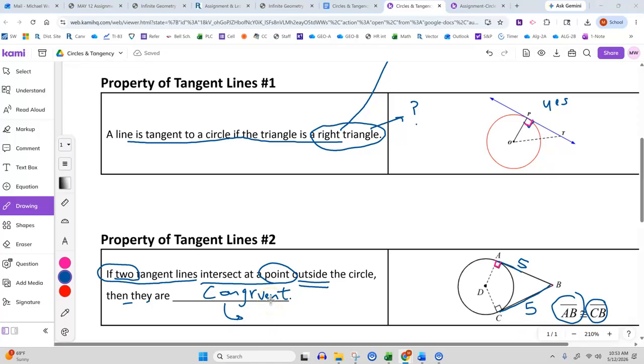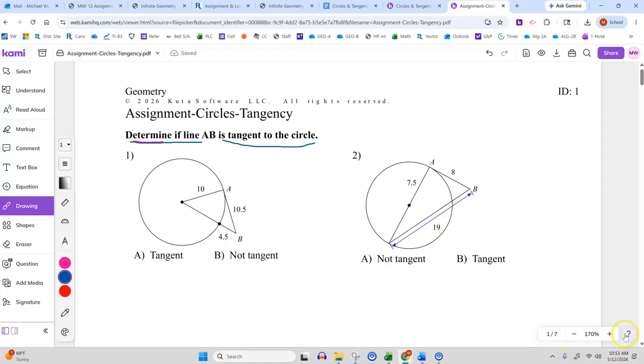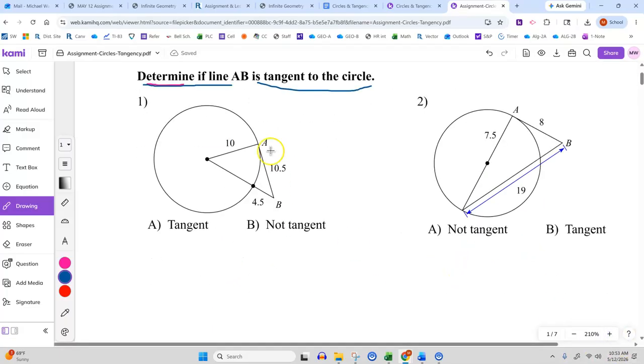So let's see, I'm going to go back over here to this one, and let me make this a little bit bigger. I'm going to look at the first one. Okay, so what it means is saying, is this 90 degrees? That's really what it's asking. If 90 degrees, question mark. So if yes, then it is tangent.